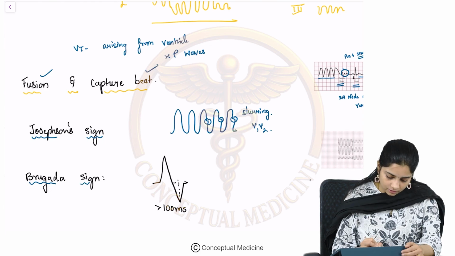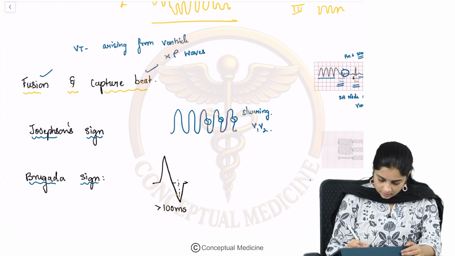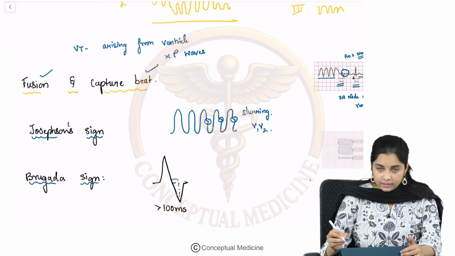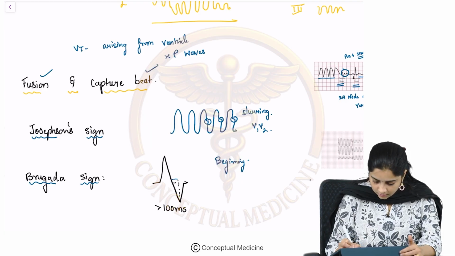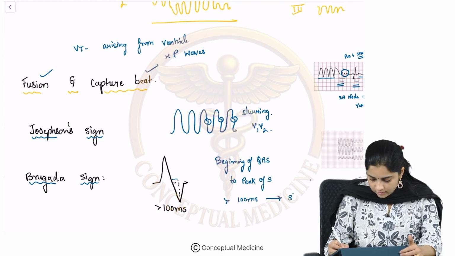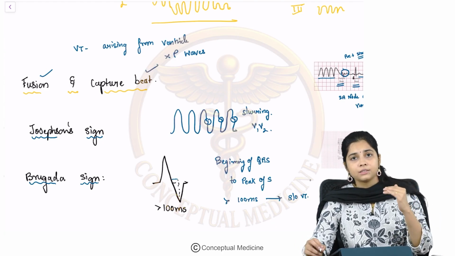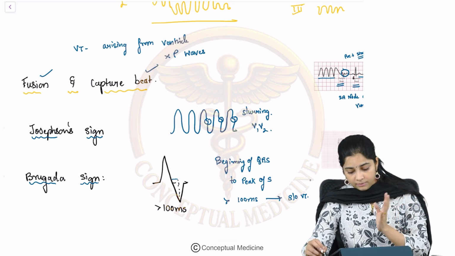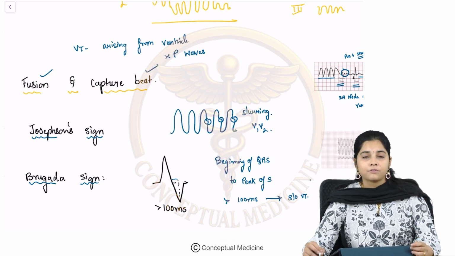Then we look for something called the Brugada's sign. So what is the Brugada's sign? The time taken from the beginning of the QRS complex to the nadir of the S wave, if it is more than 100 milliseconds, is suggestive of a VT.